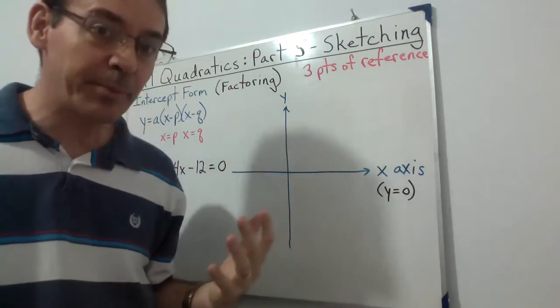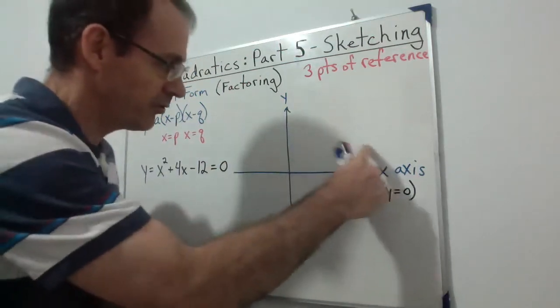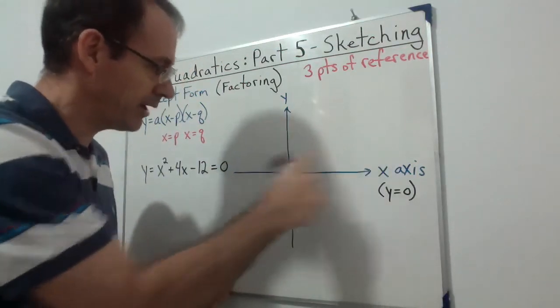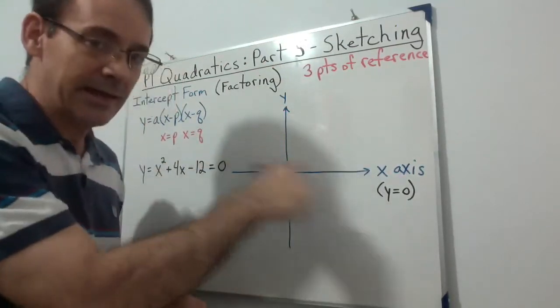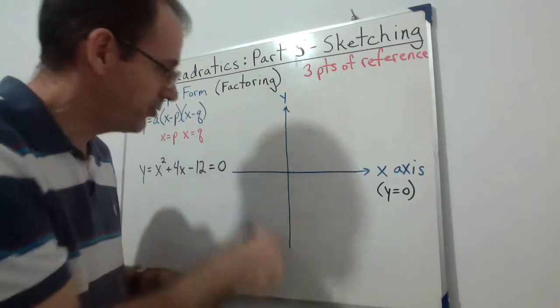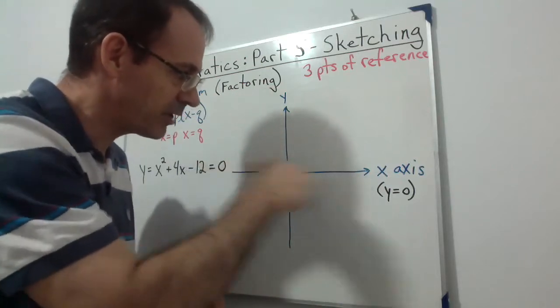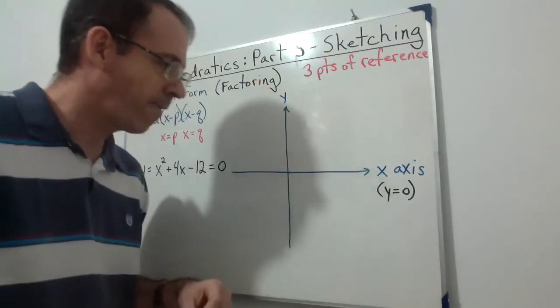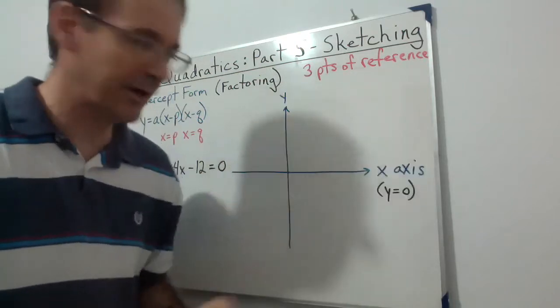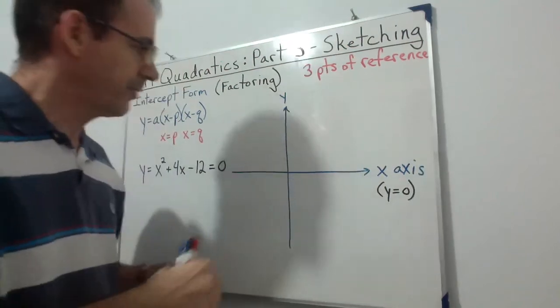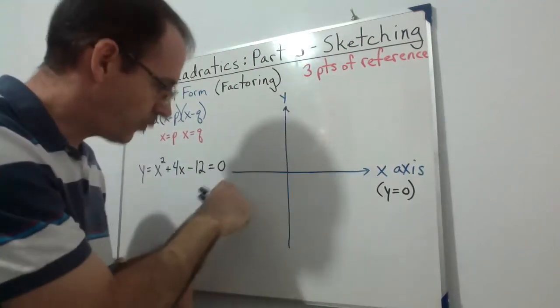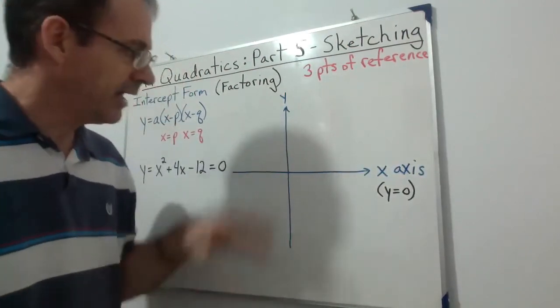In a reciprocal function, which goes like this and like this, where you have 2 curves, you also have 2 asymptotes. So the 2 asymptotes, a horizontal one and a vertical one, can act as 2 points of reference, and then you need 1 plotted point.